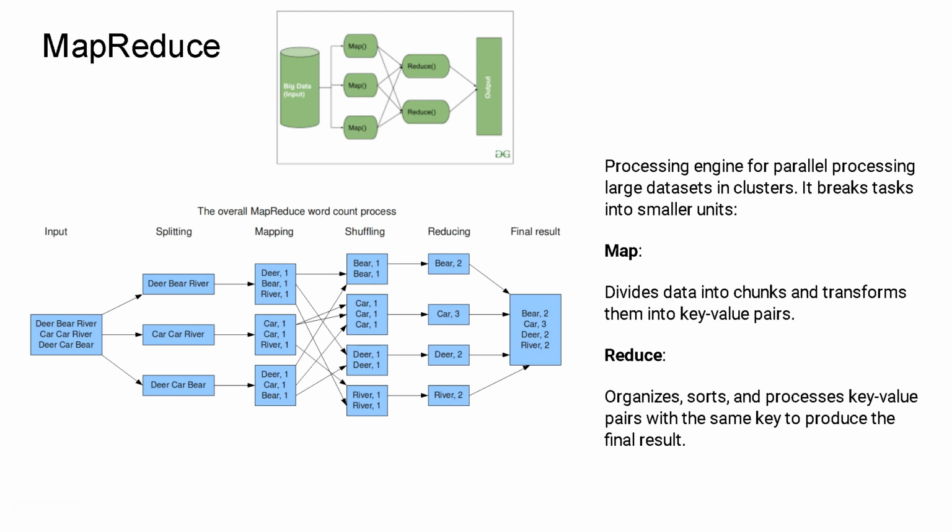It will divide data into chunks and transform them into key-value pairs, like here. And then after a certain shuffling, by using reduce, it will organize, sort, and process key-value pairs with the same key to produce a final result, which is a combined data set.